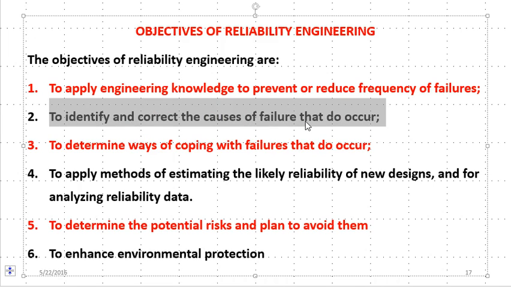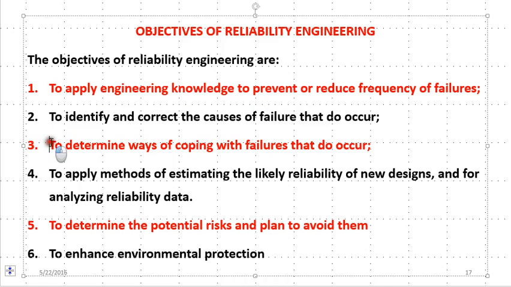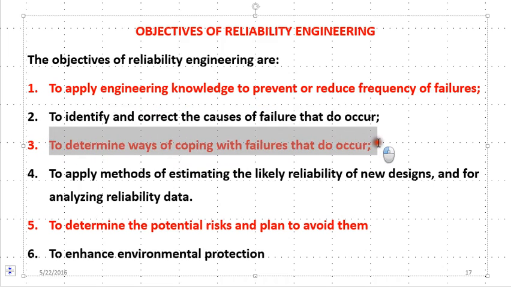The moment you know them, you can provide a means of handling them. And another objective is to determine ways of coping with the failures when they occur. Since we said it is inevitable for failure to occur, what are the ways we can withstand them even when they happen? This is one of the objectives of learning reliability engineering.